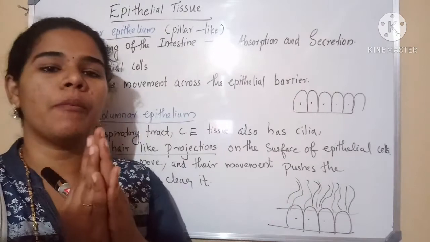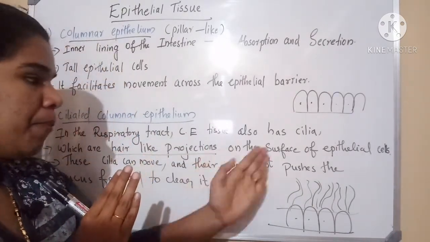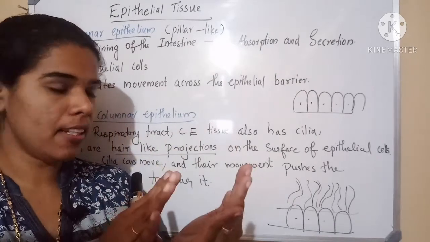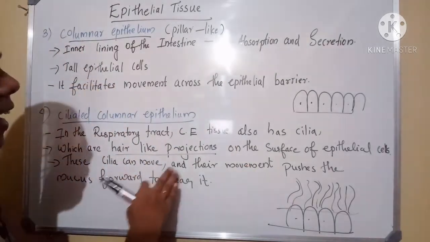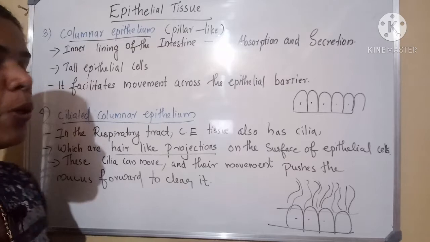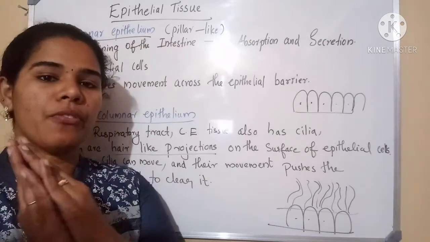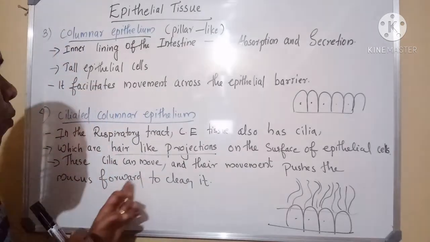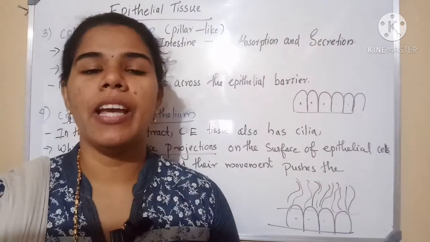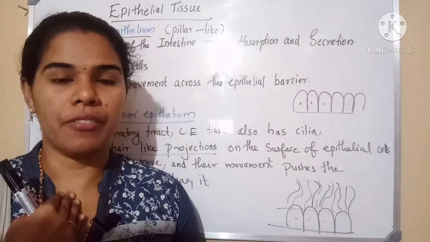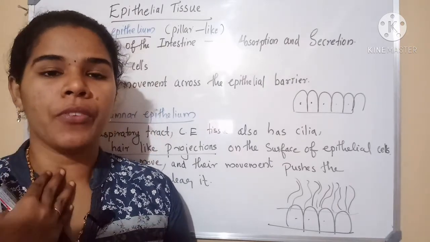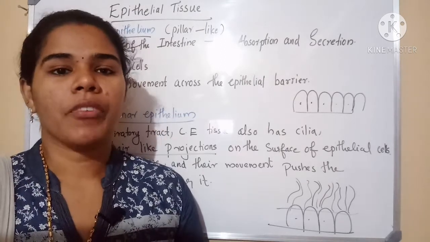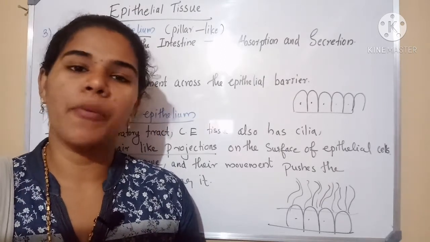The cilia move in one direction, and their movement pushes the mucus forward to clear it. We know that when we have an infection, first of all our body starts to cough and sneeze, and the mucus is expelled from our body.